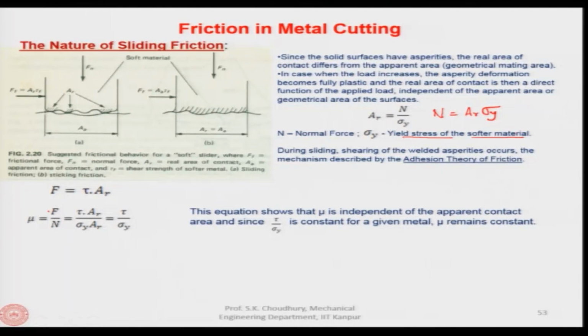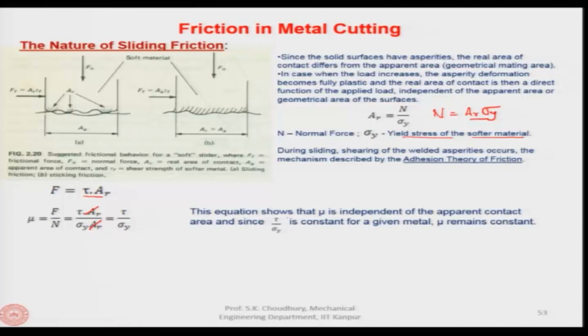Therefore, the ratio of F and N will be tau into A r divided by sigma y into A r, which essentially means that A r gets cancelled, and mu is equal to tau upon sigma y.